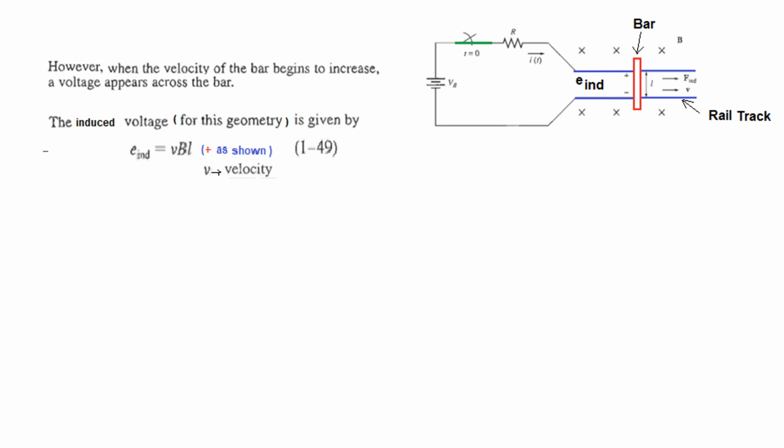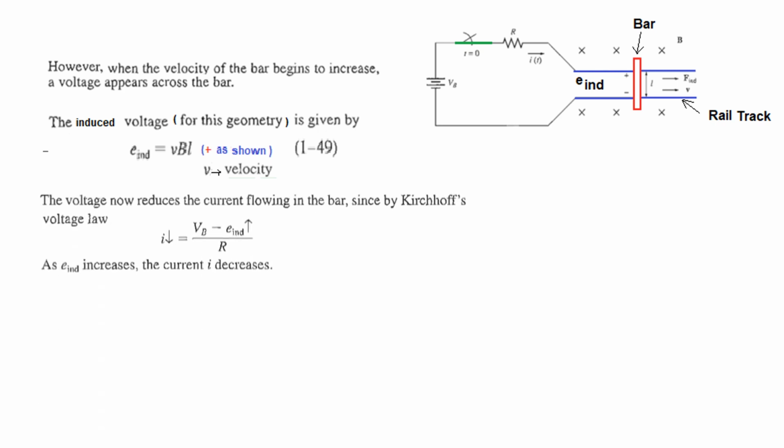It is given by this formula: velocity multiplied by B multiplied by the length of the bar, and B is the flux. Its positive direction will be on the top, because this induced voltage will oppose the voltage which is causing the movement. So it will be in opposition to this, and there will be a positive sign at the top.